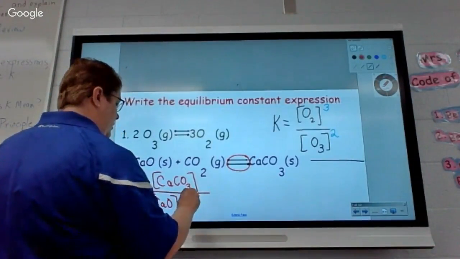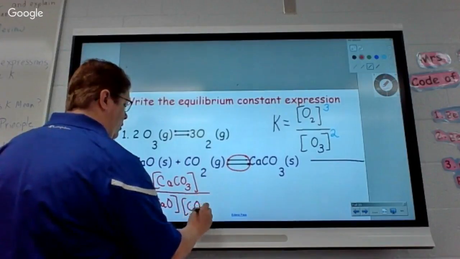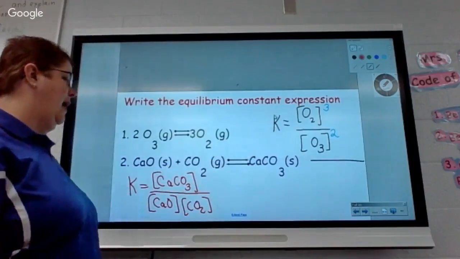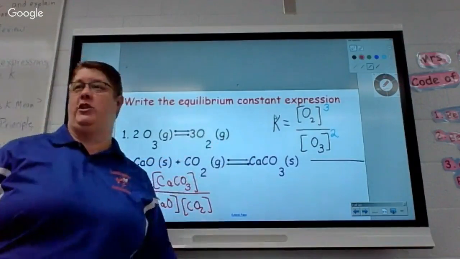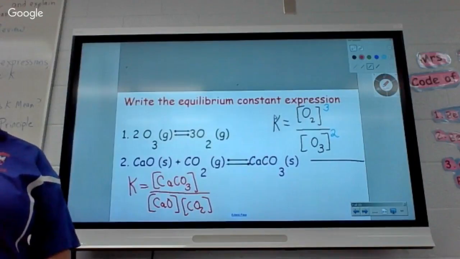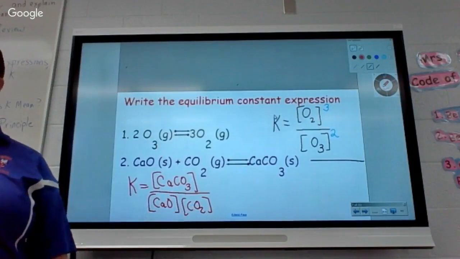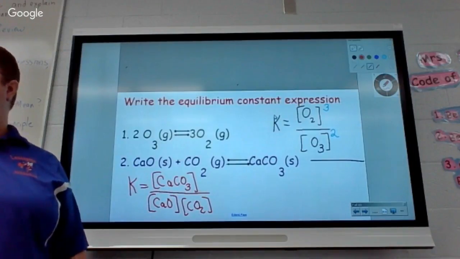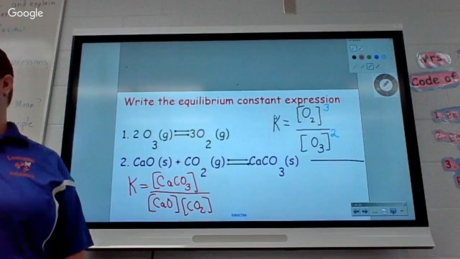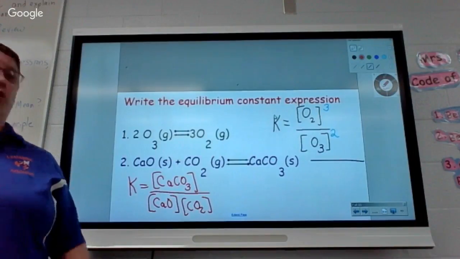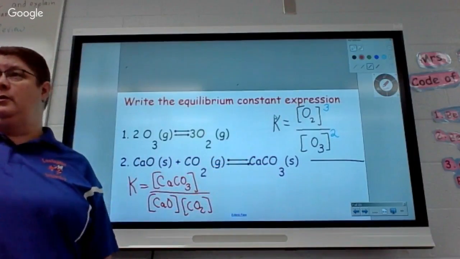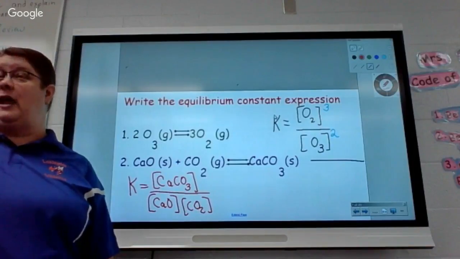All right. Step 2. Coefficients become exponents. So, do I have any coefficients to make exponents? No. So, I don't have to do step 2 because I don't have any coefficients this time. All right. Step 3, Tevin. Do I have any solids or liquids that need to cancel out? Look at my states. Do I have solids?